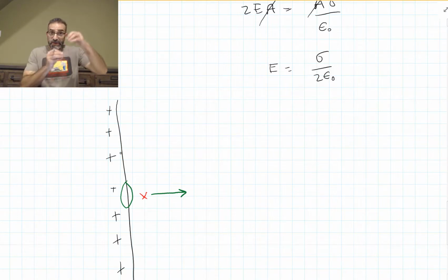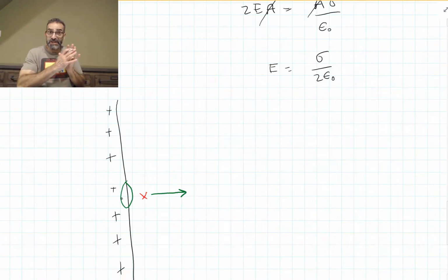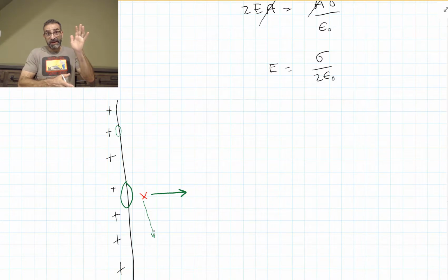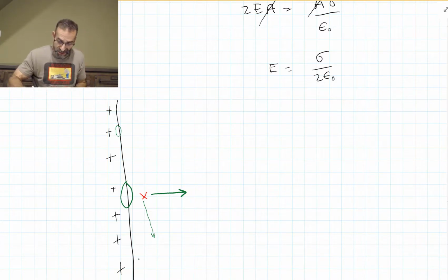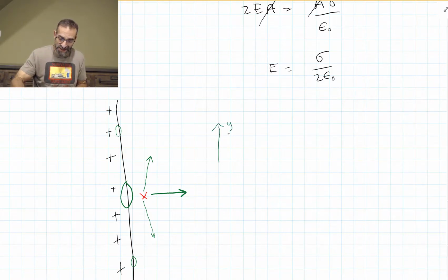But as you start to move away from the center, what happens if we're really close to this sheet? The electric field from some charge up here is pointing almost parallel to the wall. And there's an equal charge down here that creates an electric field pointing this way. And those two y components, if we're calling that direction our y direction, cancel out.